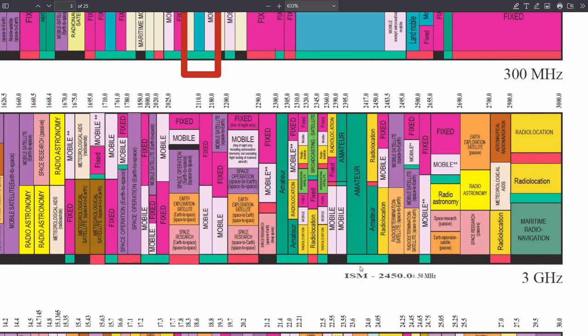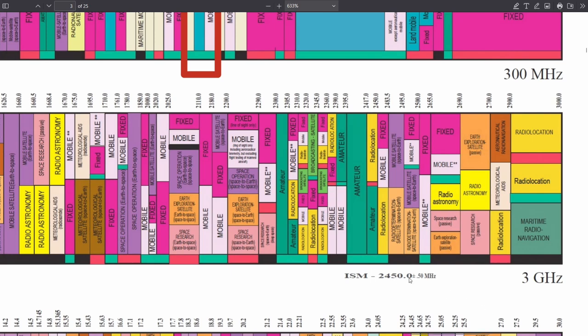So 2.4 gigahertz for a while was just kind of free reign, and almost every single country came together and agreed, you know what, 2.4 gigahertz up to about 2.5 gigahertz, that is free reign, and any company is allowed to do anything they want on 2.4, 2.5 gigahertz. That included the inventor of something called Bluetooth, who came along and said, this 2.4 gigahertz range, I really like this.